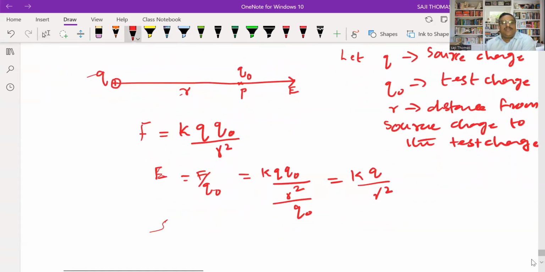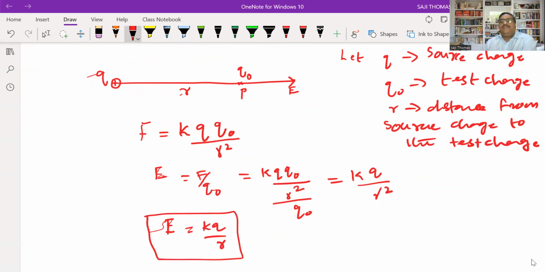What is the equation? E is equal to K Q by R square. This is the magnitude only. Since electric field is a vector, we need to express it in vector form. The equation becomes E bar, put a bar on top, equals K Q by R square, and you have to write R cap.